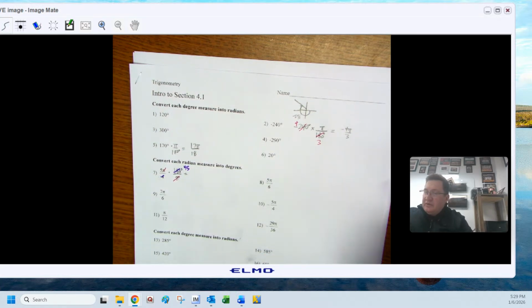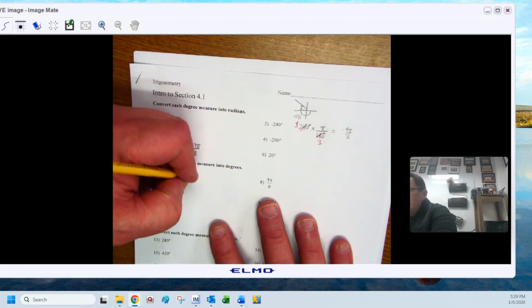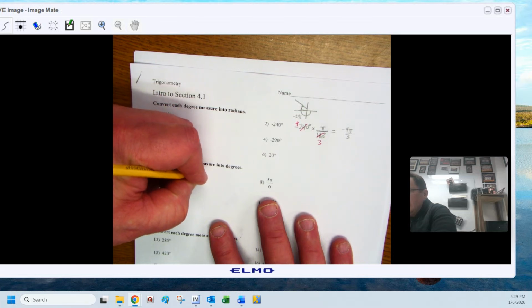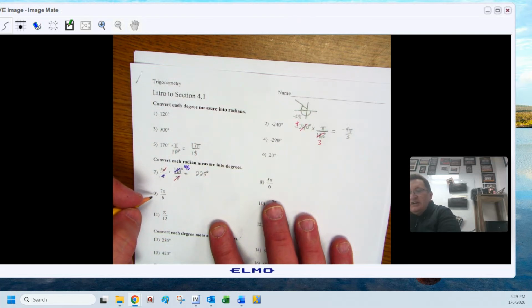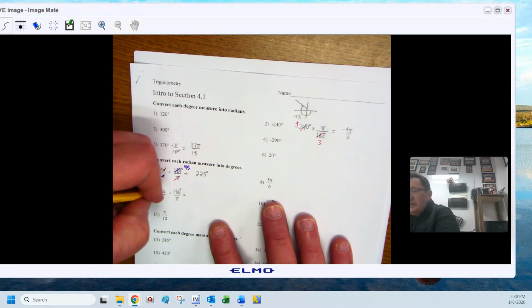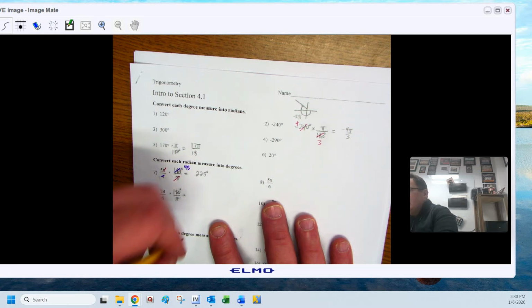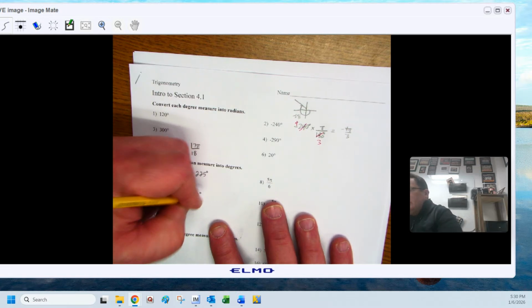So this is 5 times 45, which is 225 degrees. And number 9 here, 7 pi over 6, again multiplied by 180 over pi. The pi's cancel. 6 goes into 180 30 times, and 30 times 7 is 210.